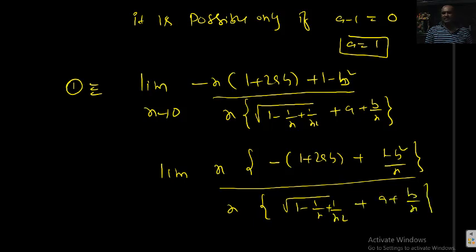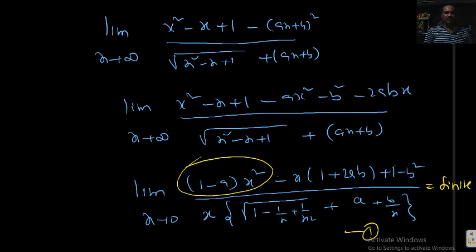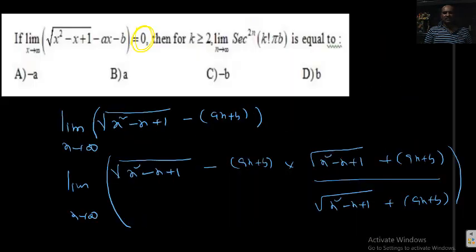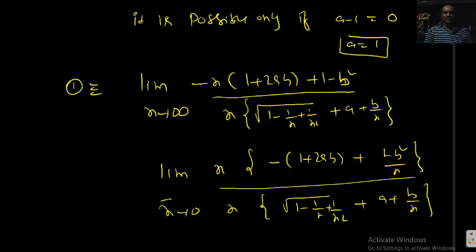x is tending to infinity, sorry, not 0. Okay, x is tending to infinity. Now 1 by x is tending to 0. These two get cancelled. x is tending to infinity, no problem. So this term becomes 0, this term becomes 0, this term also 0. So what we will get? I want to write right here, students listen.